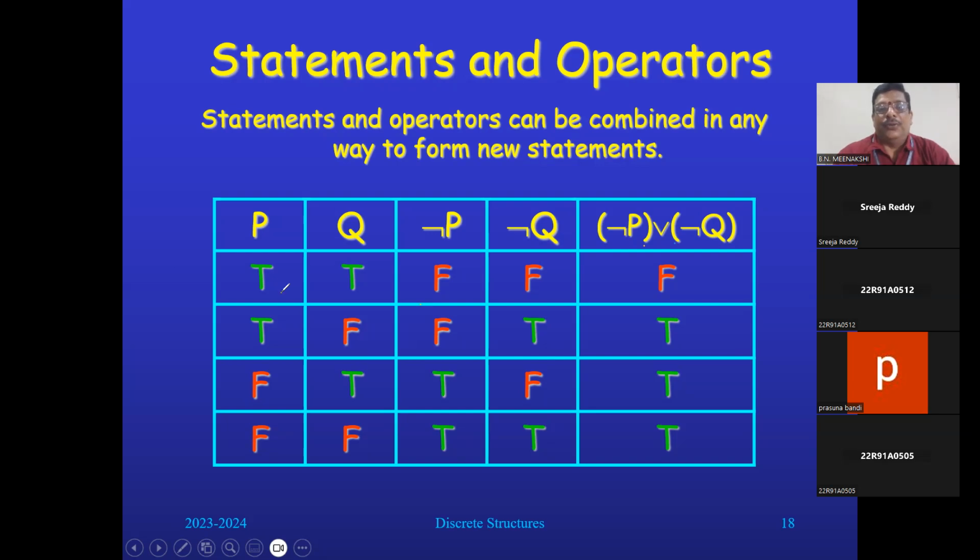If P is true, the negation of P is false. So here, this is false.